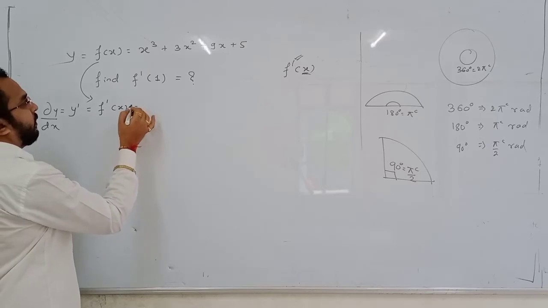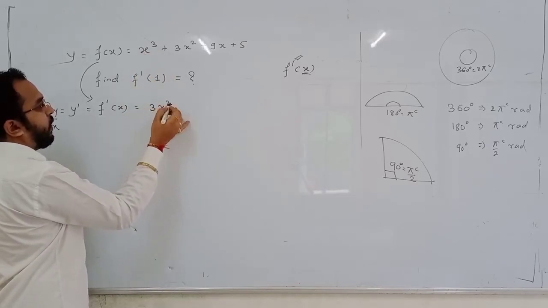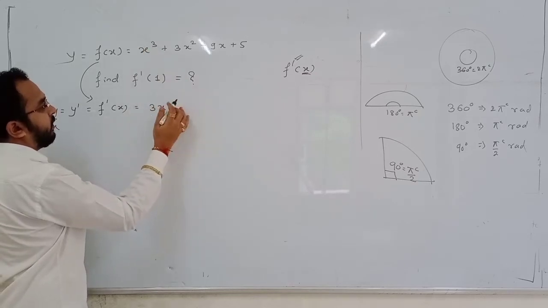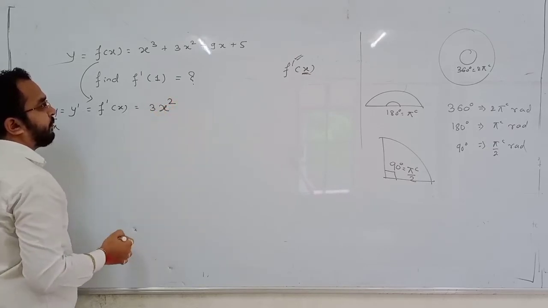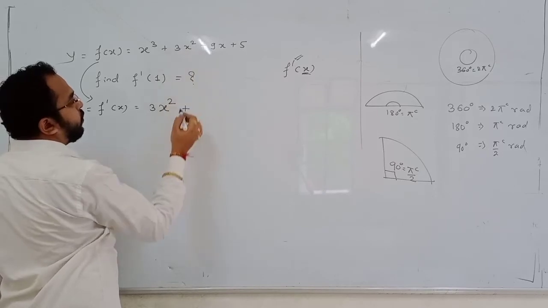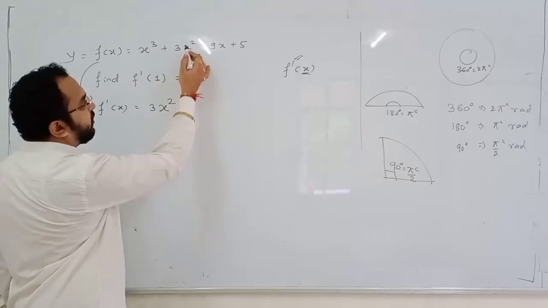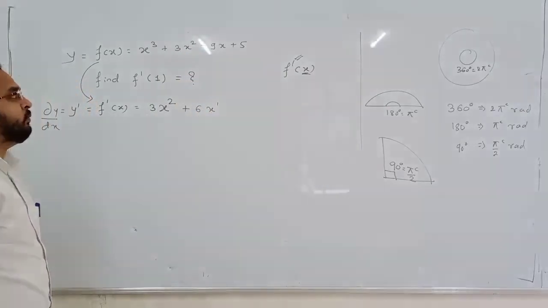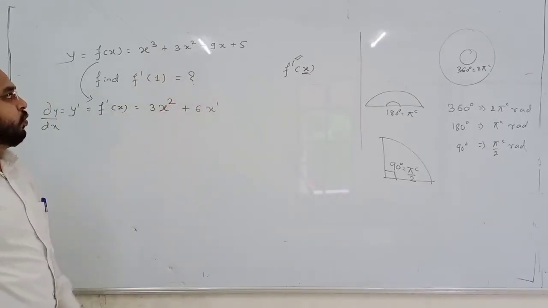काय होणार आहे, x cube चा differentiation 3x square. Take the power in the numerator and reduce the power by 1. So it will be 3x square plus, when this 2 comes to numerator, 3 into 2, 6, and the power will become 1. 2 minus 1, it will become 1. 3 minus 1, it will become 2.